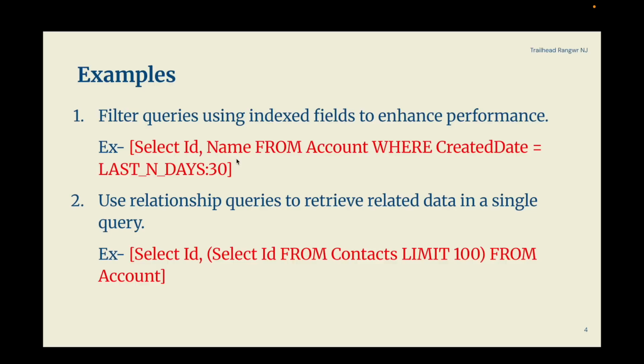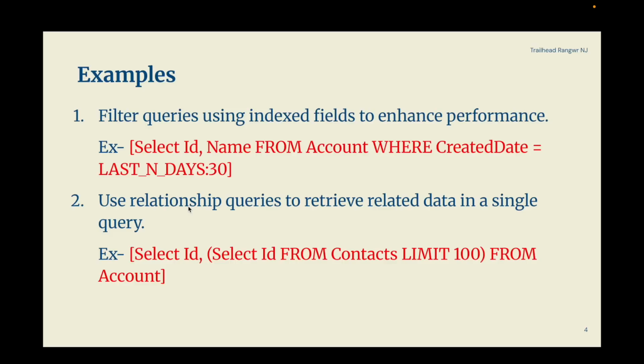If you mention here 45 or 7 or any other number, it means that if the account has been created within the last 30 days, then fetch those records' Id and Name. And that is what filtering queries using index fields means. As I mentioned, index fields are those fields which are mostly not formula fields or relationship fields. So CreatedDate is also one of the index fields, so you can use those fields to filter your queries.